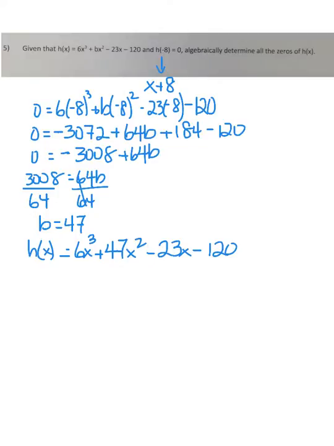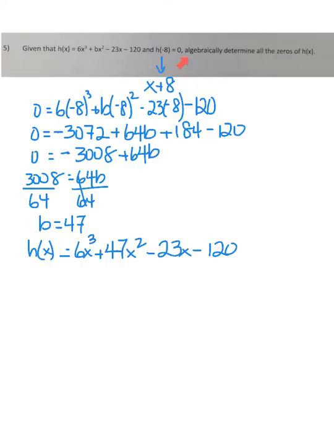Let's go back and reread the directions. So it says, given that h of x is equal to all of that, now remember, we know what b is now, okay? And we know a 0, right? So when x is negative 8, y is 0, which, remember, what that tells us is x plus 8 is a factor.